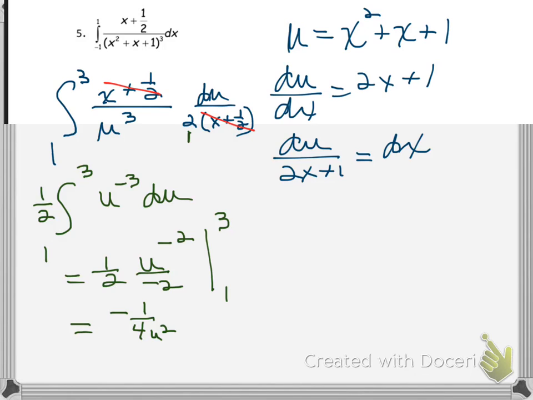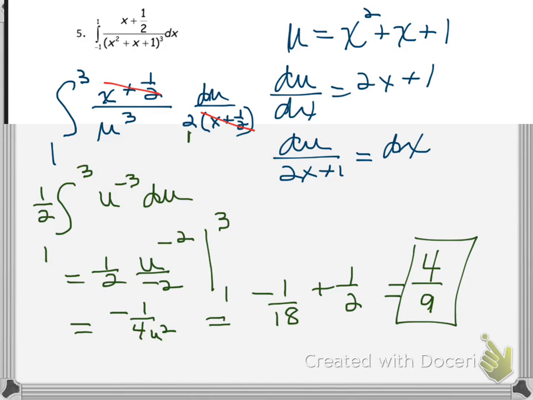And when I plug my numbers in, you should end up getting negative 1 over 18 plus 1/2. And when you do that math, you should be getting 4/9 for your answer. Okay, so that's a second example of u substitution. And remember, u substitution for direct integration requires you to also switch out your endpoints.